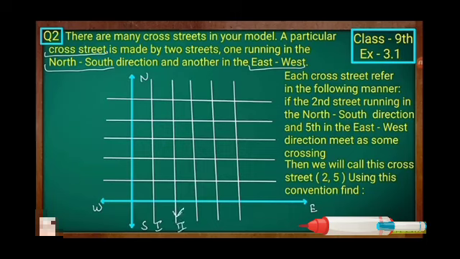First, second road, second street, north south direction, and fifth in the east west. One, two, three, four, 5. That is in the east west direction.